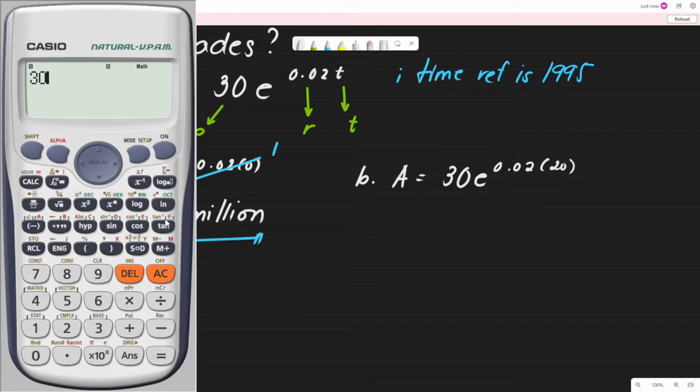That gives us e raised to. Then group it: 0.02 times 20.